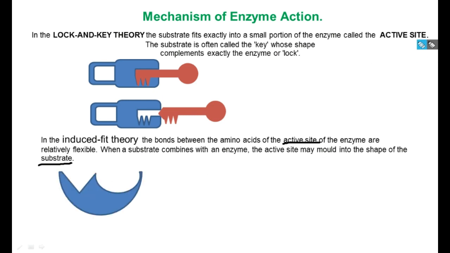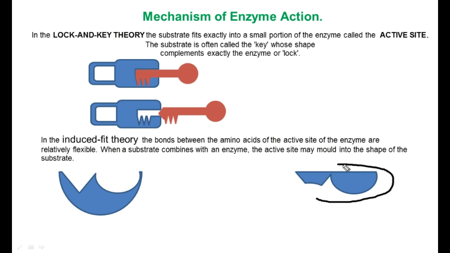Let us see how it occurs. Assume this is our enzyme, and this is our active site. Assume this is our substrate. You may see the structure of the substrate.